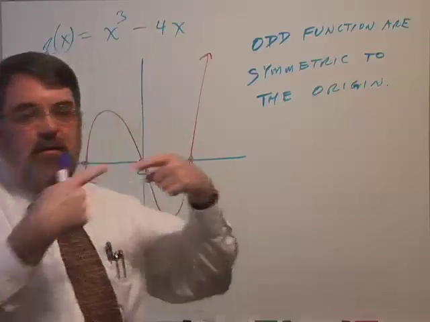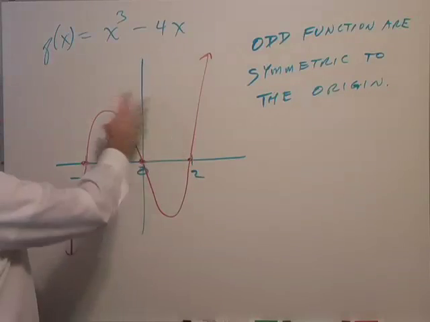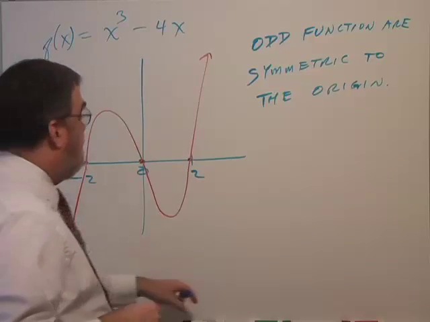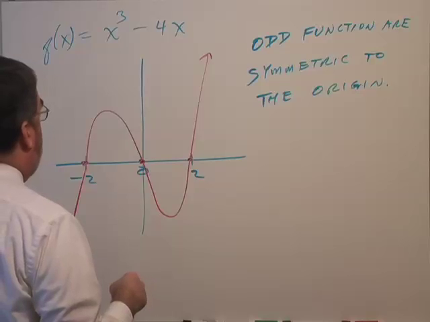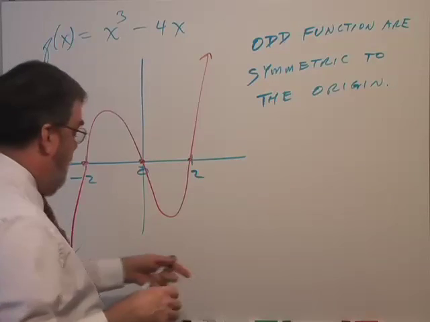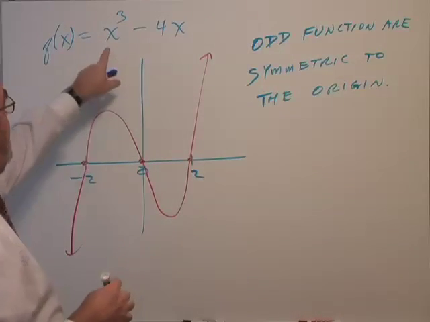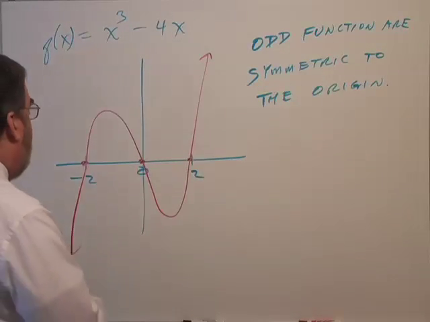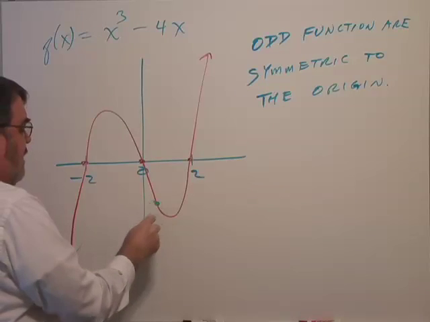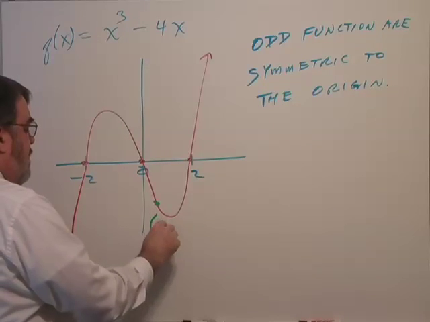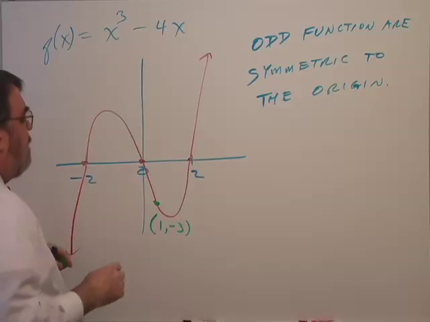So there's a sort of opposite quadrant thing going on. For example, let's plug a number in. How about 1? If I put 1 into here, f at 1 would be 1 minus 4, which is negative 3. So it's about here. This is 1, negative 3.